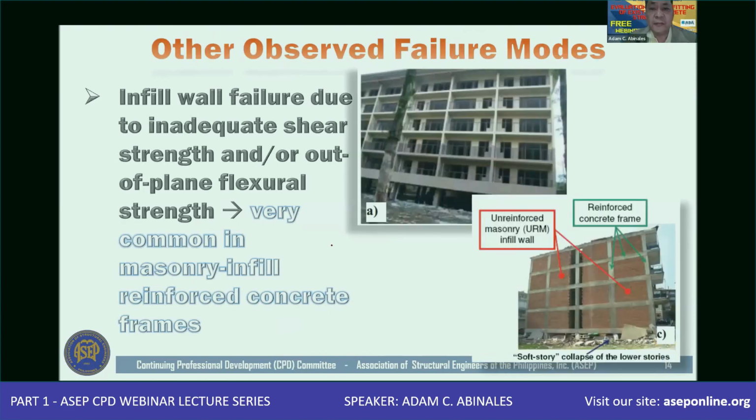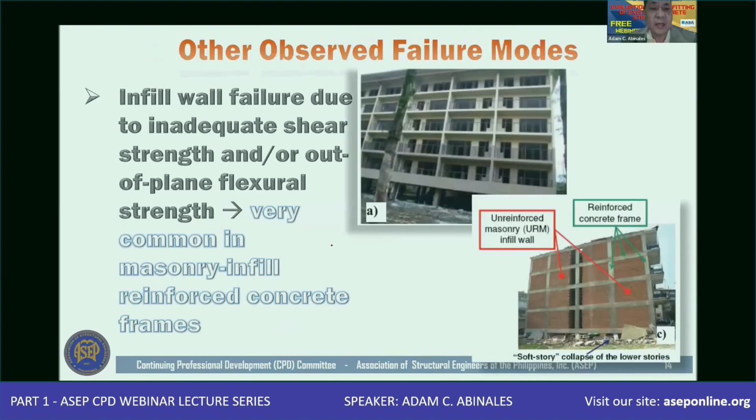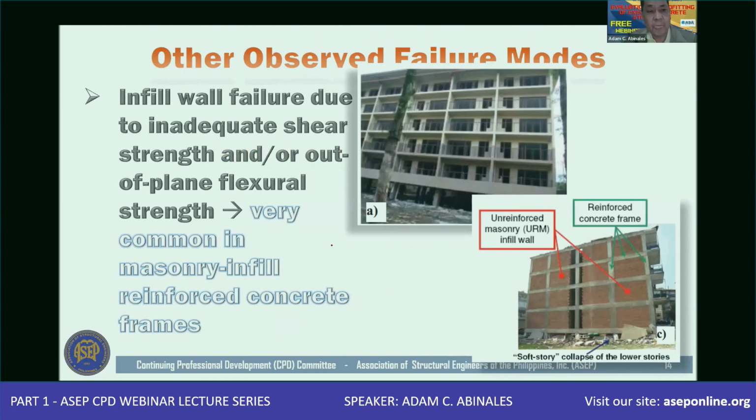Other observed failure modes, as I have mentioned a while ago: most concrete buildings here in the Philippines are cladded with infill walls. Now, the question here is that this infill wall would also tend to fail, considering how we model and analyze our moment frames or concrete frames. In most cases, we do not actually model the infill walls.